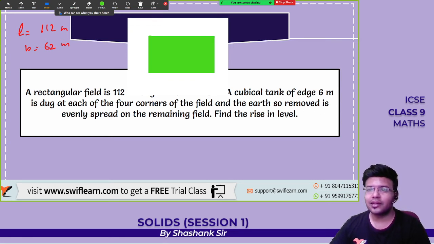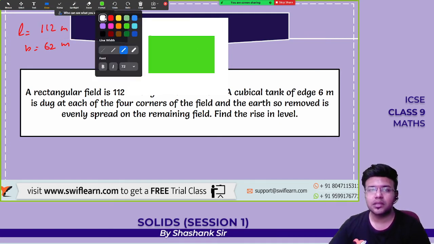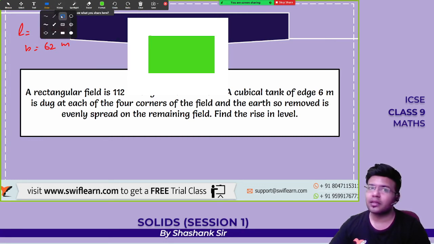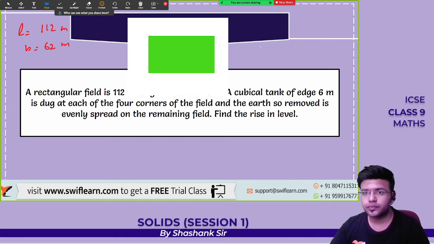And the cubical tank of edge, all the lengths, breadth, heights are same, equal to 6 meter, is dug inside. So I'm going to draw 4 holes.